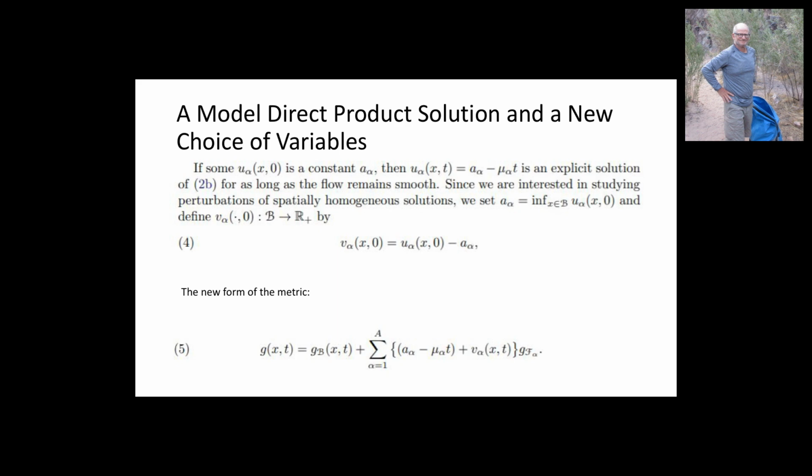And then we can write a new form of the same set of metrics, given by the base metric plus sums of certain functions times the fibers, as shown here.